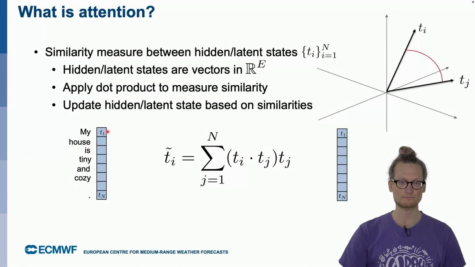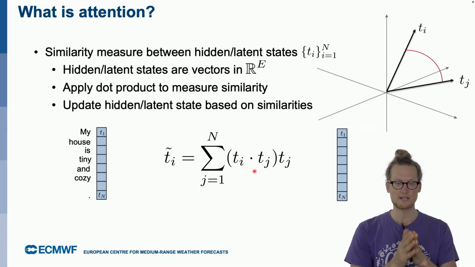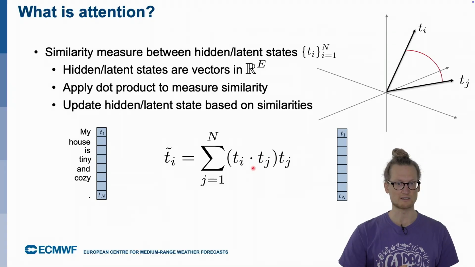So this t̃_i will be computed from the similarity to all the other tokens, where j indexes all the other tokens in the sentence. The more similar two tokens are, the closer they are in the vector space, and the bigger their dot product gets. Then I consider the respective t_j more.